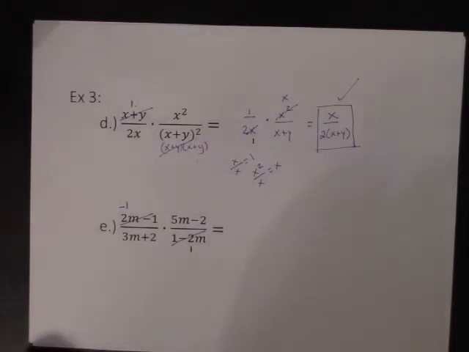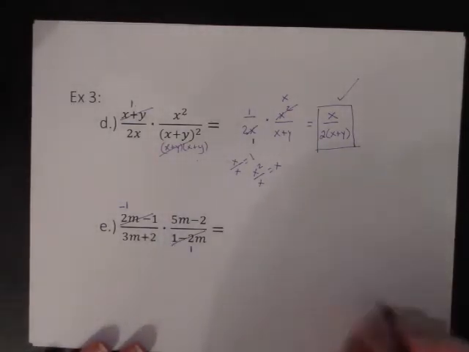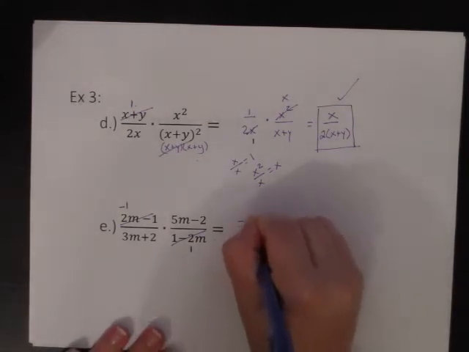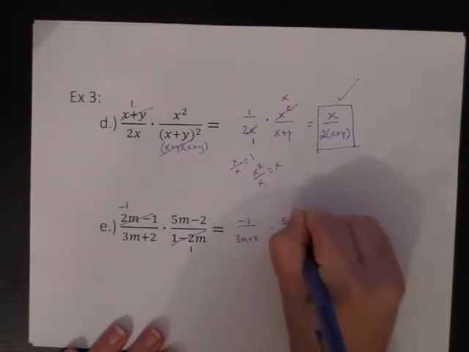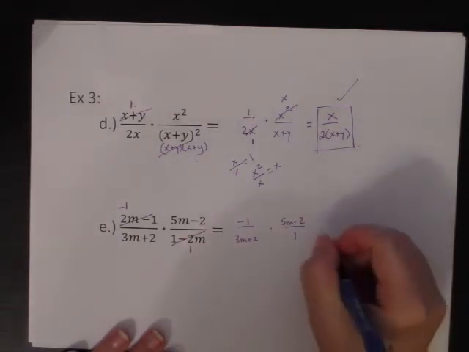Now, when you're dealing with just binomials, it makes it a little bit easier to look at. And if you want to, you don't necessarily have to rewrite this. I'm going to for consistency's sake though. So I'm going to go negative 1 over 3m plus 2 times 5m minus 2 over 1. Okay, now if I look from bottom to top, there's nothing that I can cancel out there, so I just multiply straight across.